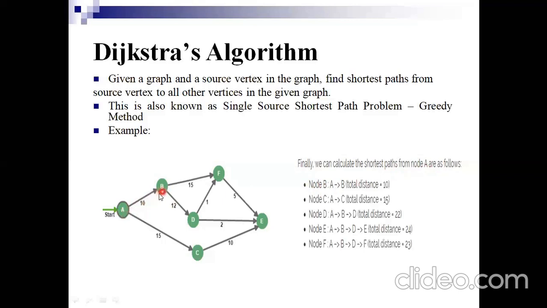So the path is A to B, which is of distance 10.